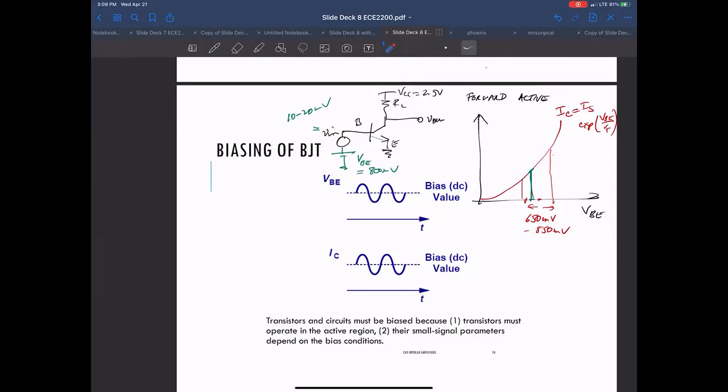We'll be talking about those circuits today and probably in the next lecture. Now, a word about the concept of biasing.